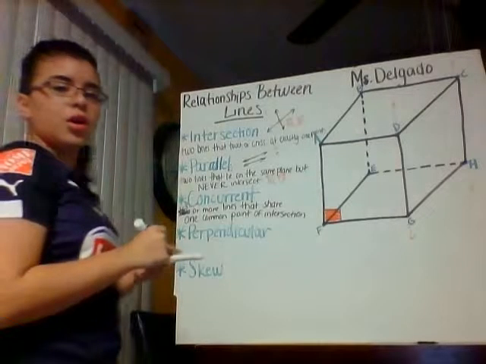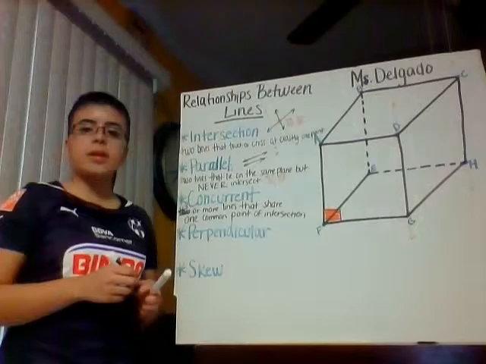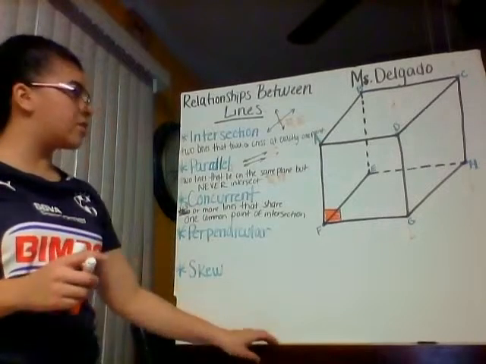So concurrent lines are three or more lines that share one common point of intersection.